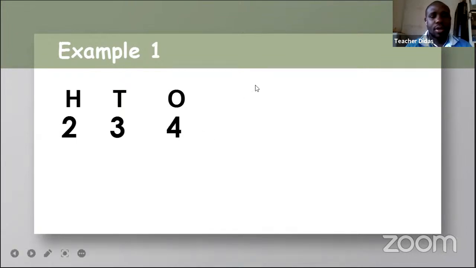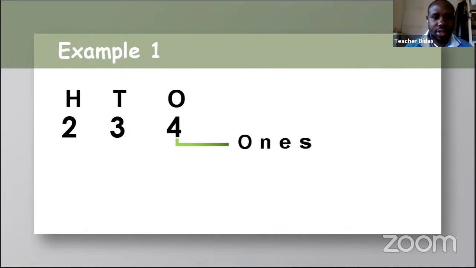So we have said the first one is ones, the second one tens, and the next one is hundreds. I began from here moving to the left. This will help us that even when we are adding, we begin from the ones, then go to the tens and hundreds. So the first digit here, its place value is ones.